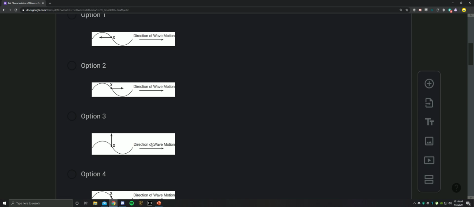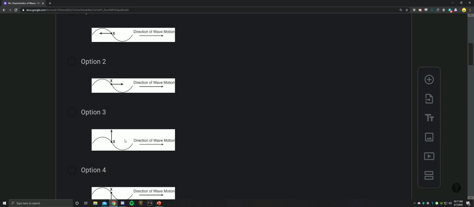So since the direction of the wave is moving to the right, and the left side says that it's going to go up, that means this particle in the future will go up. And so option 3 is the correct answer.